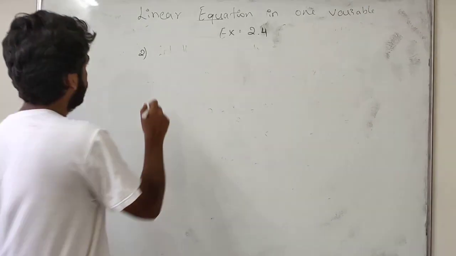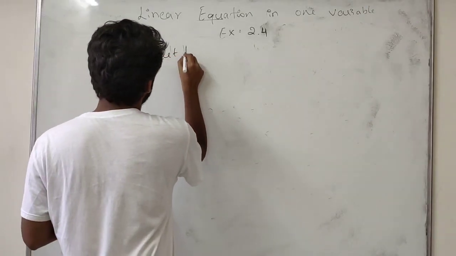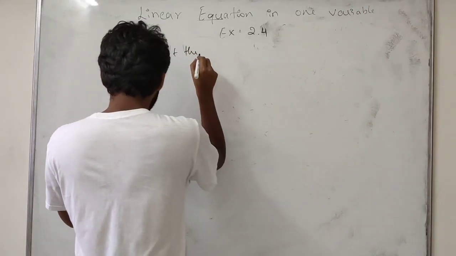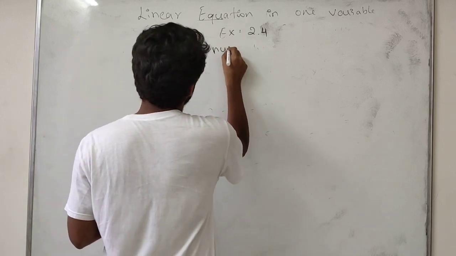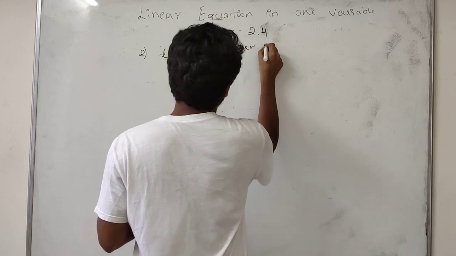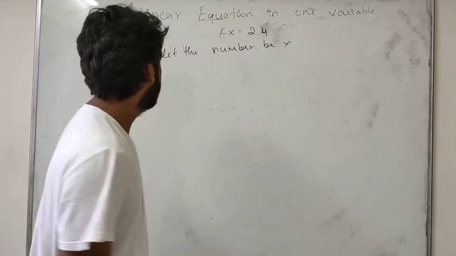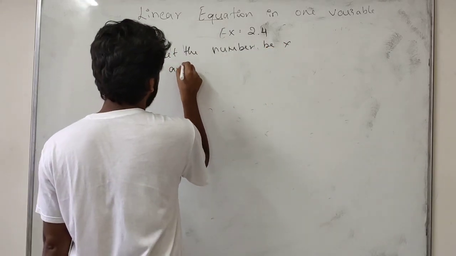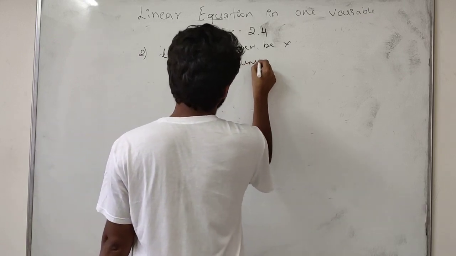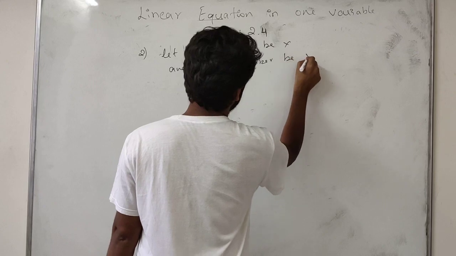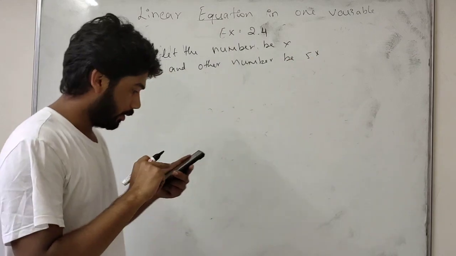So first, the positive number is 5 times the other. Let the number be x and the other number be 5x.